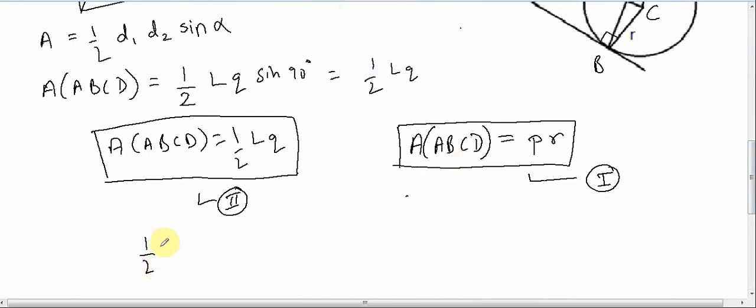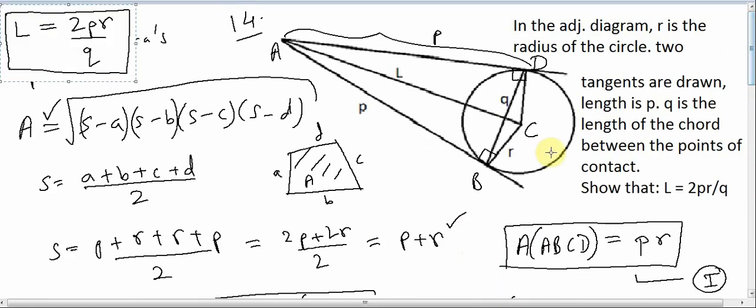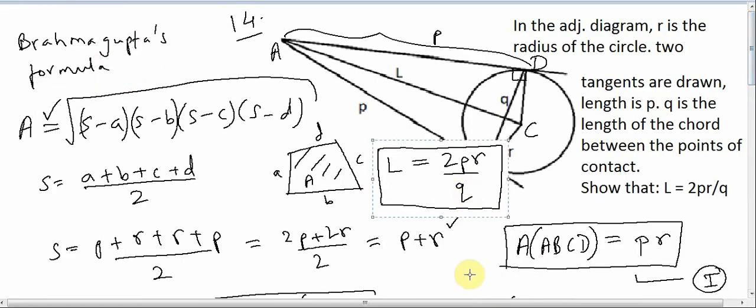So we have half LQ is equal to PR, and this gives us L is equal to 2PR divided by Q, and this is what the question asks us to show. L is equal to 2PR divided by Q.